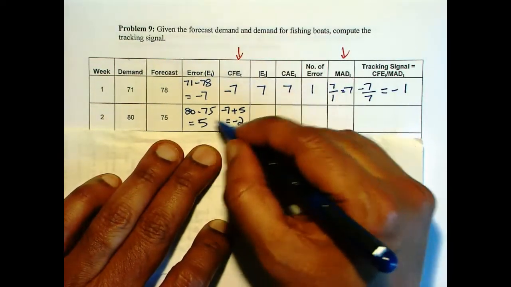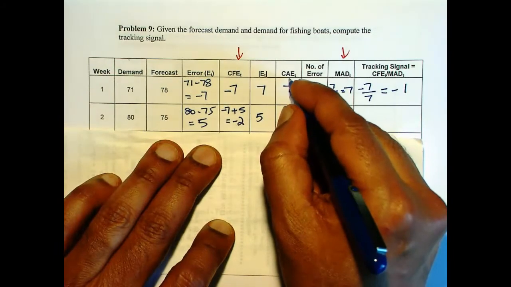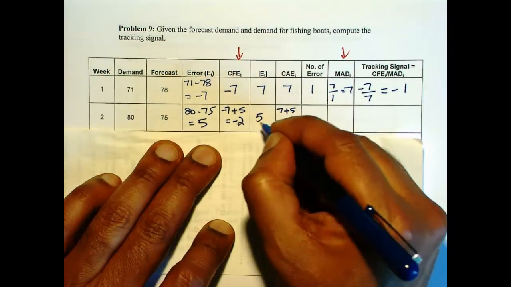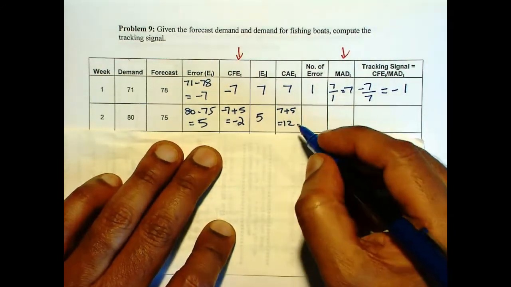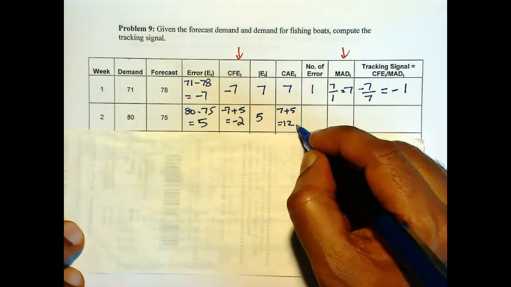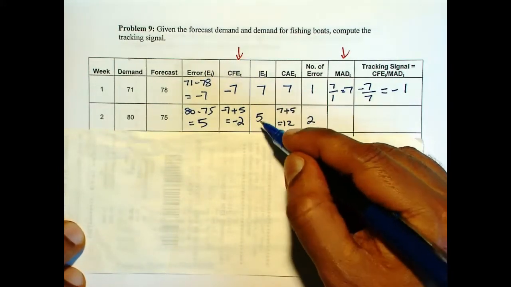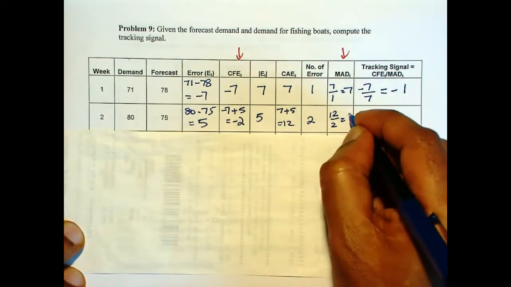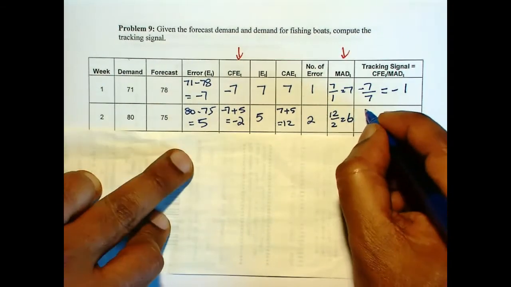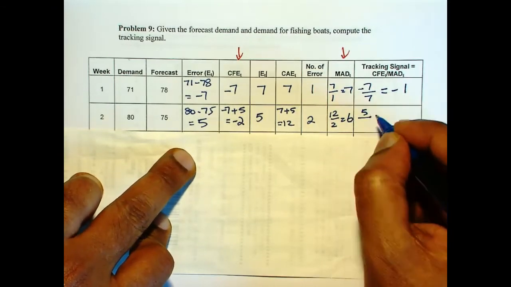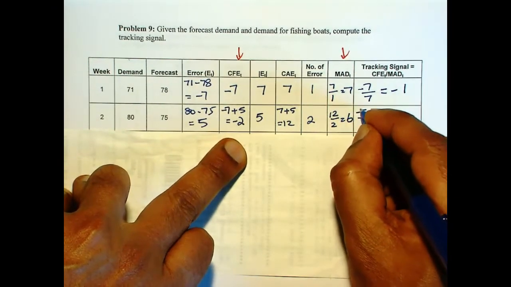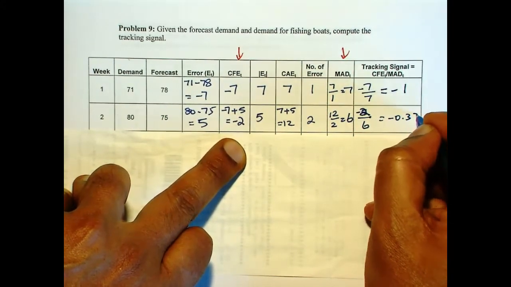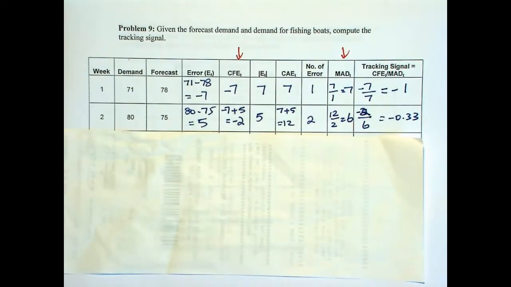The absolute error is 5, and for the cumulative absolute error you take the previous cumulative value and add the current one. This time it has two errors in it, so the MAD for week 2 is 6. The tracking signal is minus 2 over 6, which is minus 0.33.